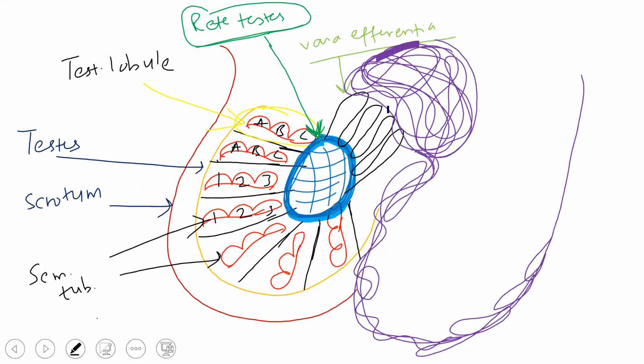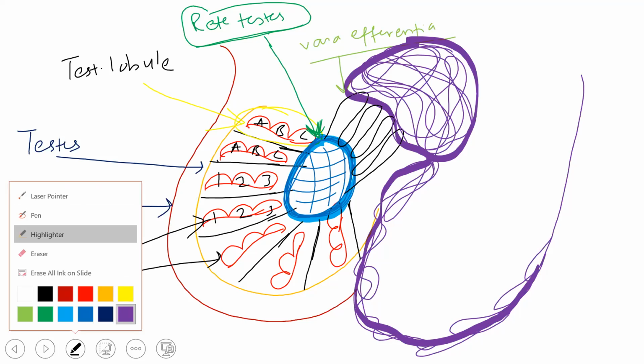This is where the epididymis will start. So you can see this part, this is all epididymis. It's a highly tubular complex structure. So this entire part is epididymis.